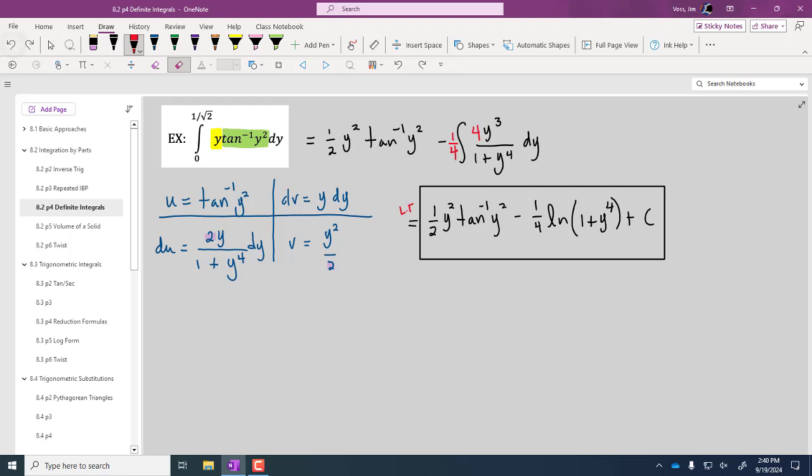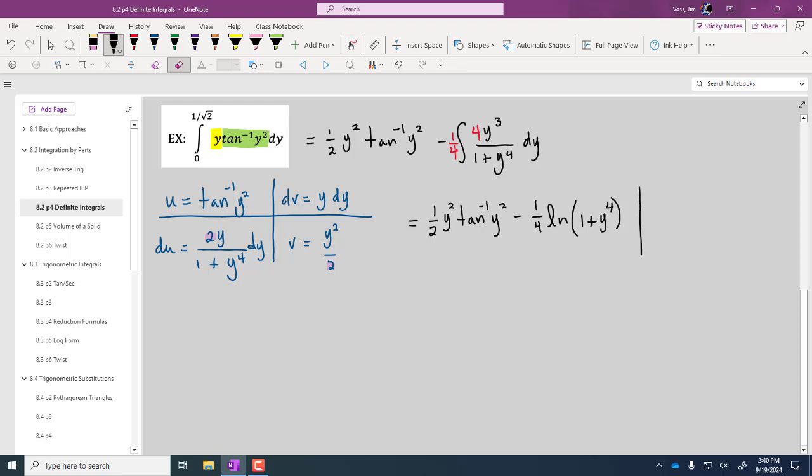So we have one more step to go. No C, not yet. So the limits of integration, you can put them here. One thing that we can do is wait.